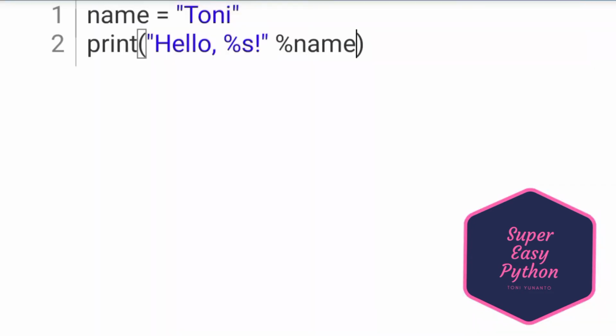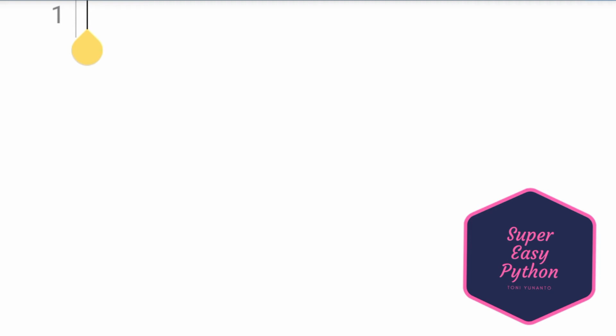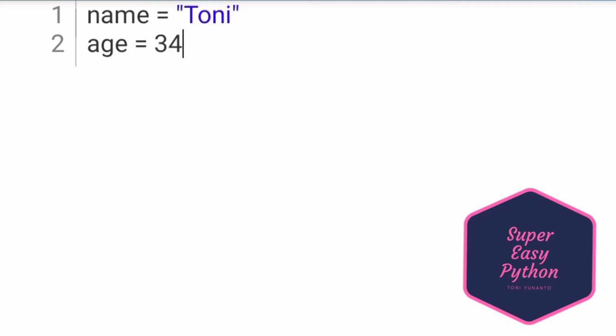And then to use two or more argument specifiers, we can use a tuple, or we call it parenthesis. For example, like this, friends. name equals quotation Toni, and then age equals to 34, and then we print.